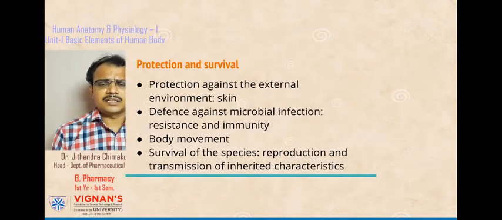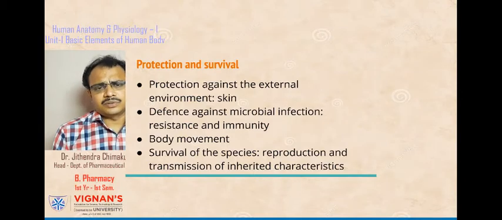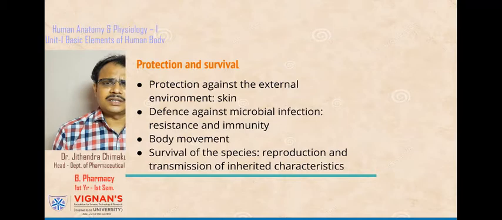The third basic life process is protection and survival. So, the body should be protected from various external factors, and for this we have skin, which acts as a barrier that prevents the entry of any substances, microorganisms into the body, or loss of any of the cell contents, interstitial fluid into the environment.